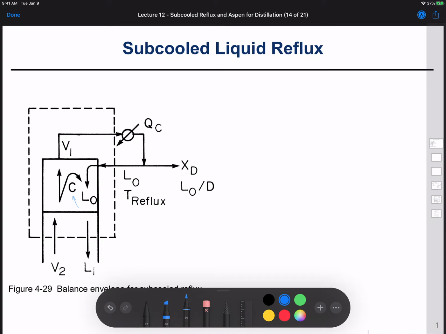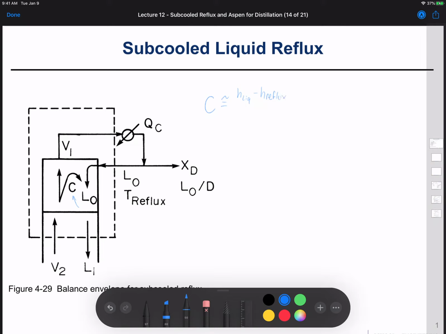We're going to do some energy balance analysis, but essentially we'll show that C is approximately equal, under assumptions related to CMO, to the enthalpy difference of the saturated liquid and that of the reflux.